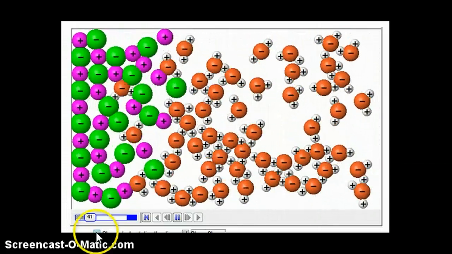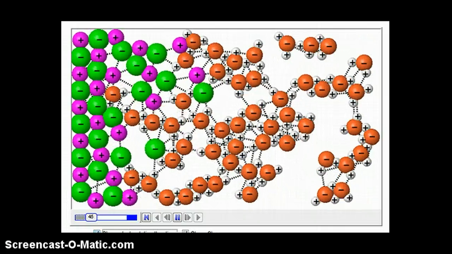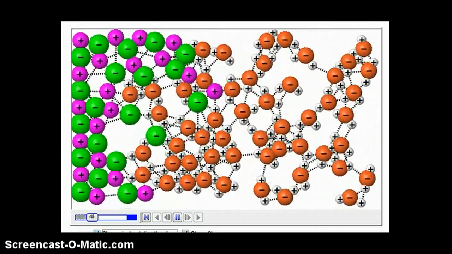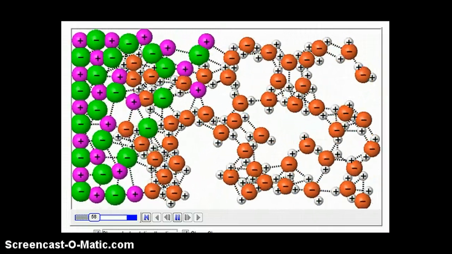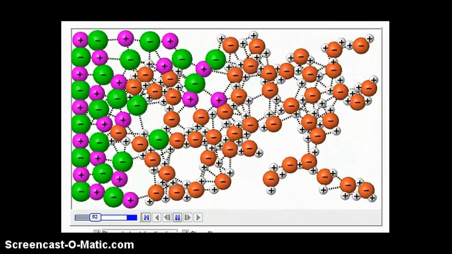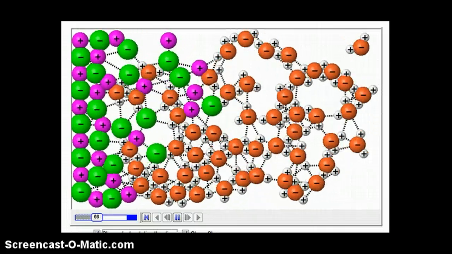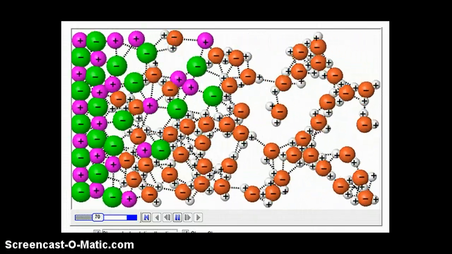And if we actually display those interactions with a dashed line, we can see that water molecules surround chloride in a different way than it does sodium ion, and we'll take a look at that right now.